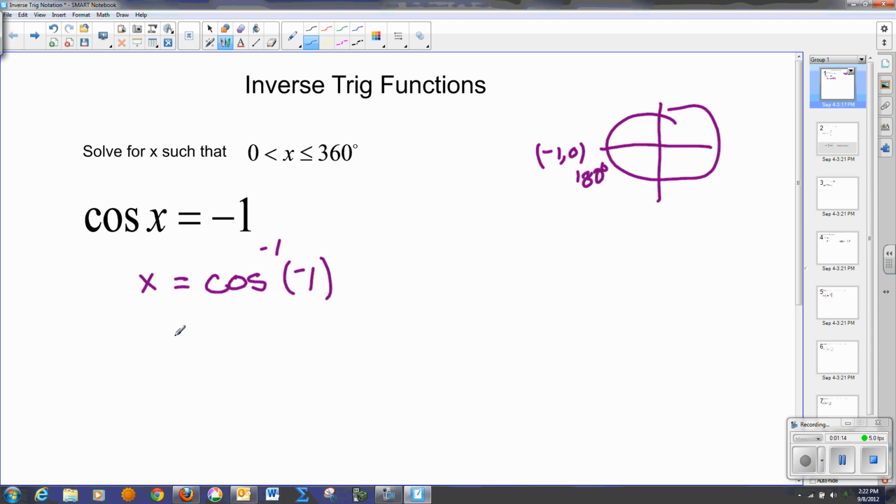Another way of saying that is the arc cosine of -1. And really, inverse trig functions or arc trig functions, all they really ask is what angle gives me this value.